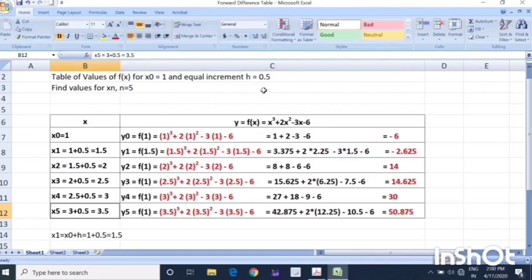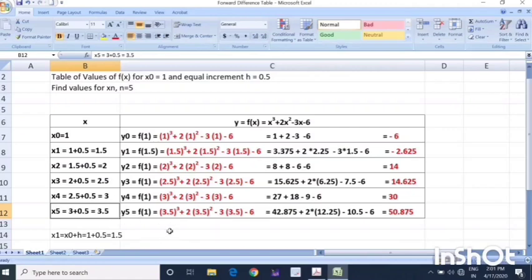Because we have an equal increment h equal to 0.5, and we get each next value by adding 0.5 to the previous one. Therefore these values of x are called equidistant values, and these are equally spaced points. Equally spaced means having a specific increment.